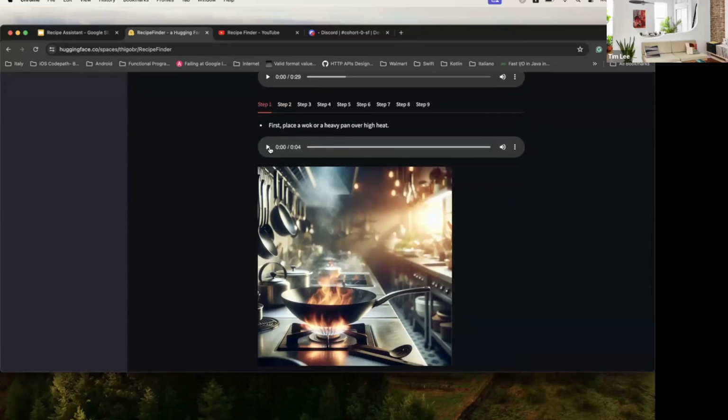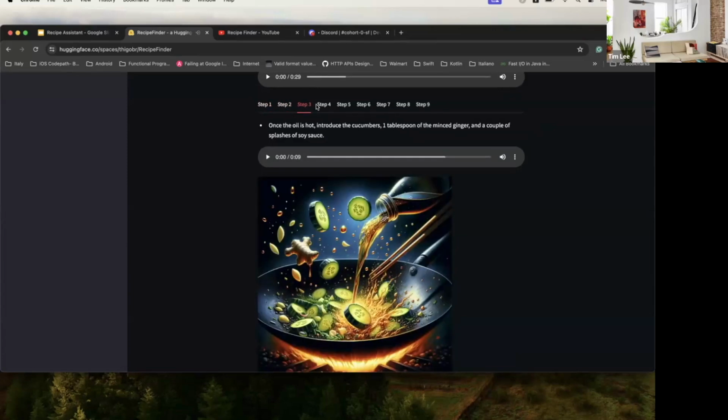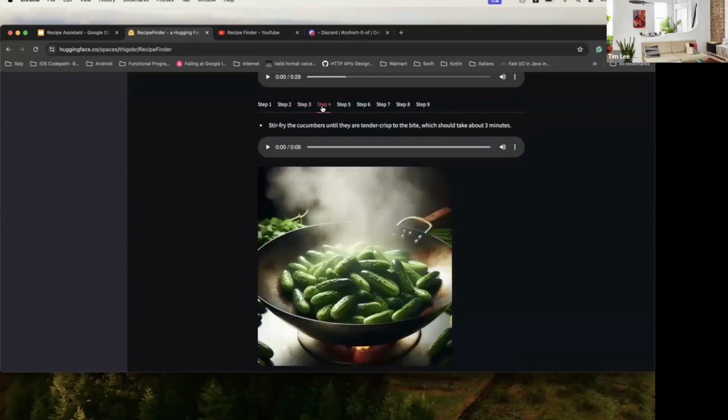So those images are the generated ones based on the steps. First, place a wok or a heavy pan over high heat. Usually the pictures are good, but sometimes, like here it is showing the cucumber sliced, right? But on the next step, it has the cucumber in one piece again. You cannot go back in time.